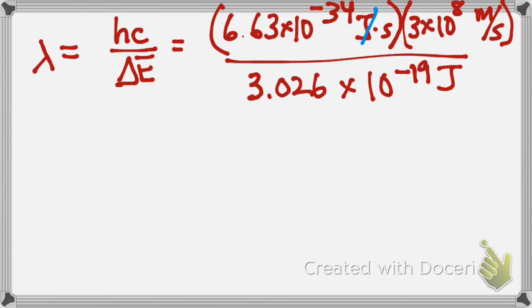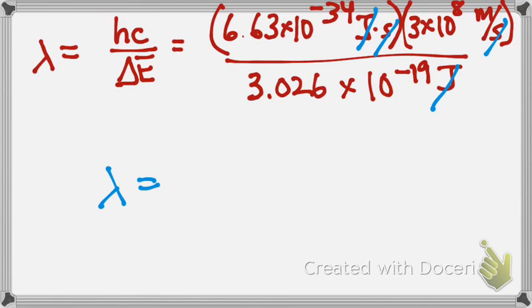And we can cancel out joules, and we can cancel out seconds, which gives us a unit of meters, which is good because that's what wavelength should be reported in, is in meters.